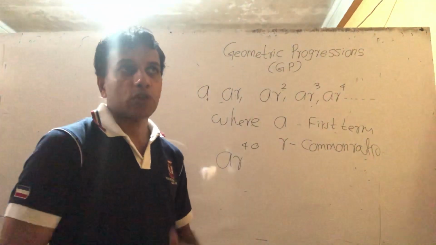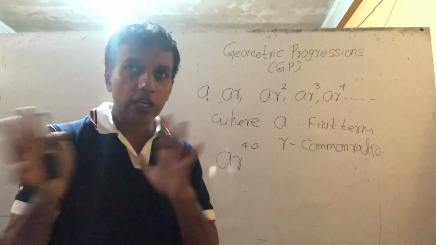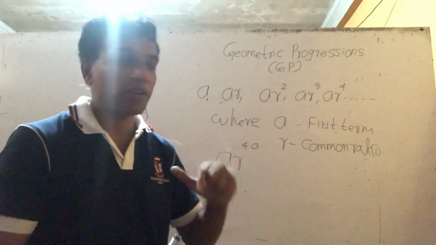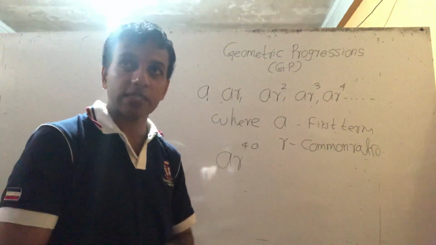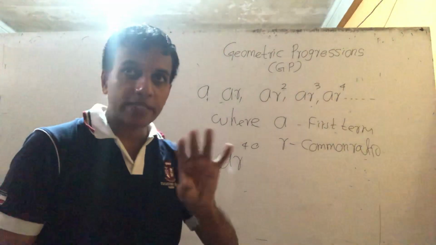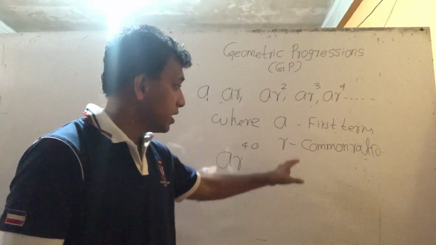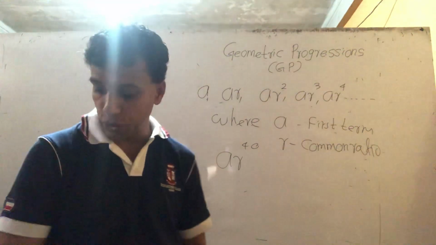Compare and recollect how you learned the arithmetic series; the same terms we use here, only the letters are different. a is the first term there also. There d is the common difference, that means successive difference. Here the ratio r is successive division, the common ratio.